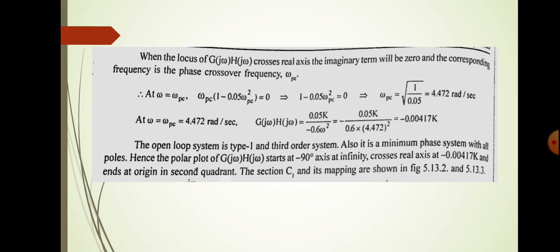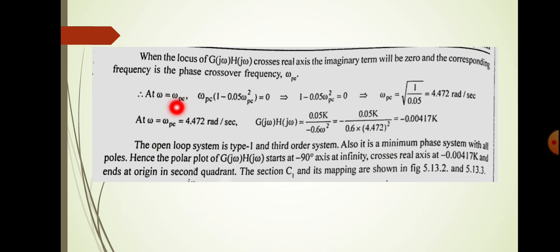But there is another point: when the Nyquist plot crosses the real axis, the imaginary term will be 0, and that represents the phase crossover frequency. We can represent that phase crossover frequency as omega pc.